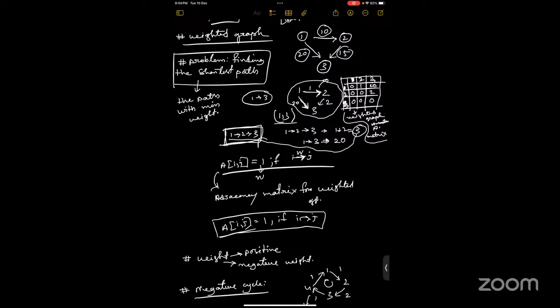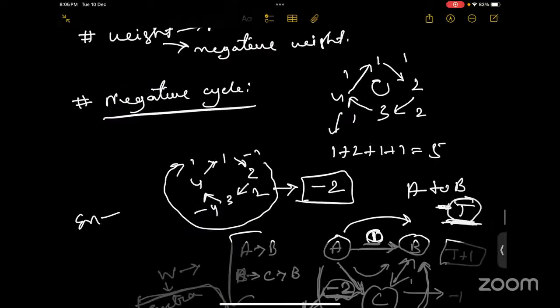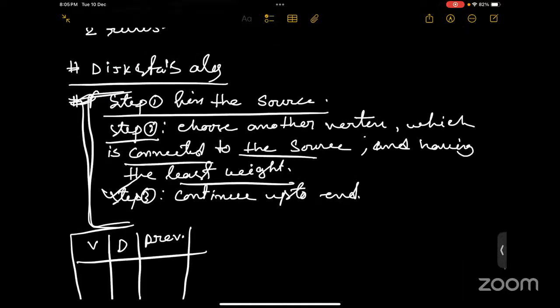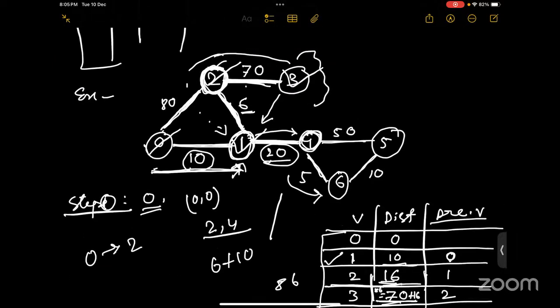I don't know, I'm asking you. There is some matrix problem and some algorithms. If you are given the matrix, then try to draw the graph from the matrix.